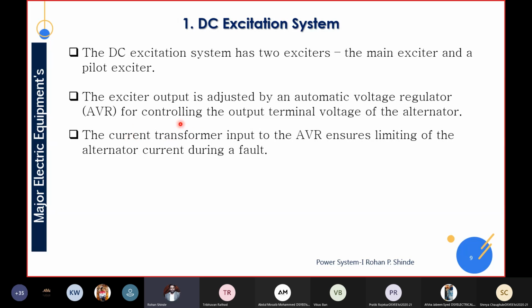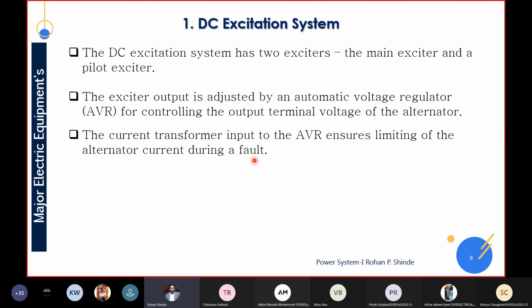But whenever current and potential transformers are used in a power system, they protect the system. We have to protect the system from faults.